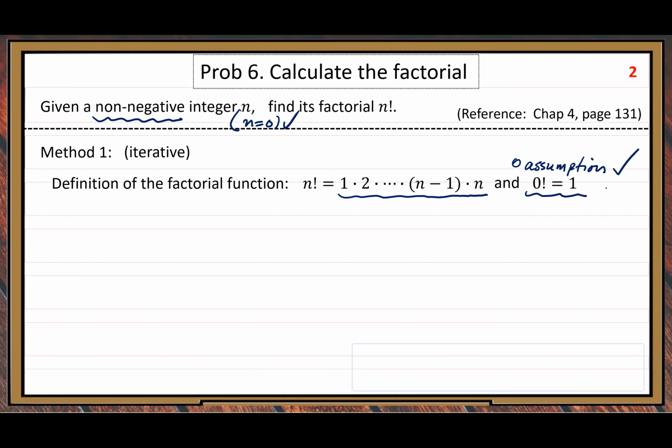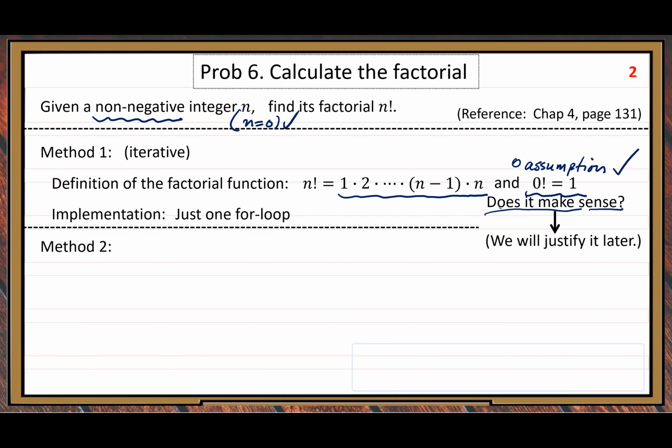So we will answer this question later. Here, we still need some more information. We do not have sufficient information at this point. We need to collect a little more information. Implementation is straightforward. A simple for loop. So here I do not need to write it out explicitly.